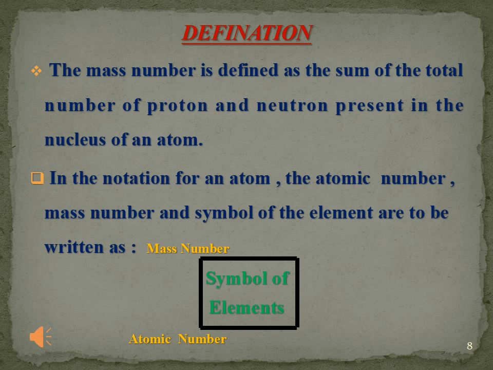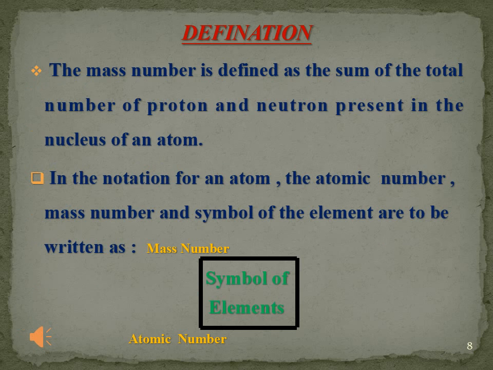As you can see on the screen, in the black border box you can see the words symbol of element. At the very center first comes the symbol of the element, in which you need to write the symbol of the element. For example, if I need to do the notation of a hydrogen atom, I can simply write H, because H is the symbol of hydrogen. Similarly, for carbon, C is the symbol.